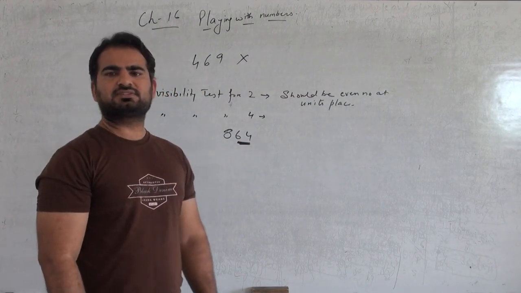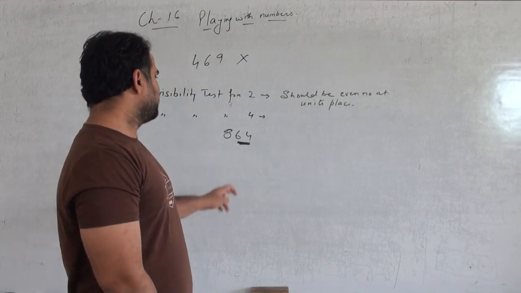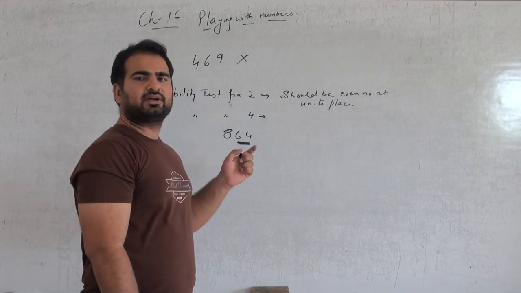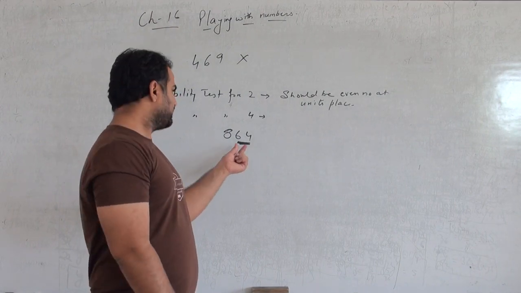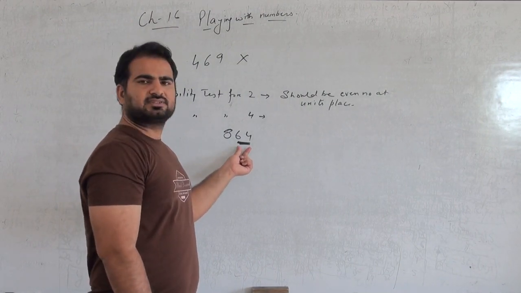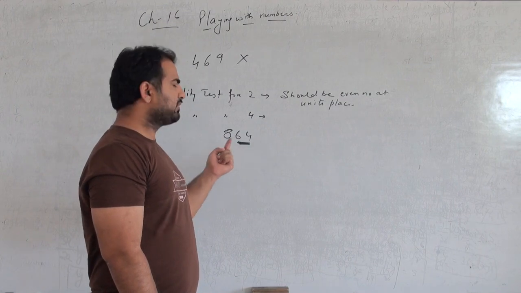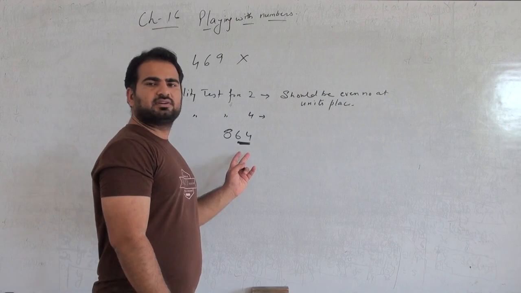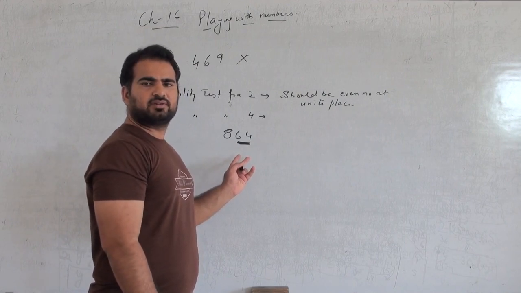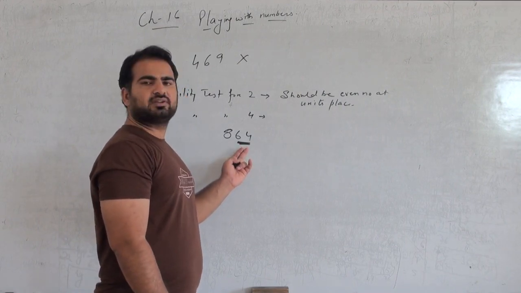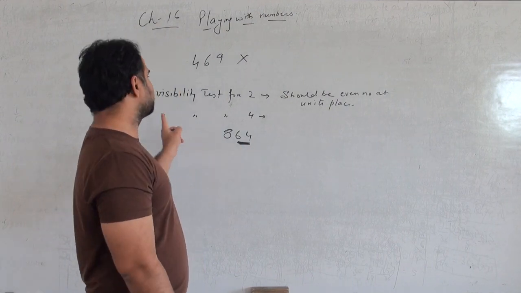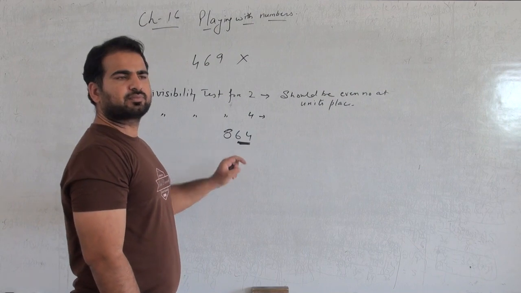If these two numbers are divisible by 4, then the whole number will be divisible by 4. Or there should be a 00 with it. If it is 800, then the answer will be correct. Yes, it is divisible by 4.